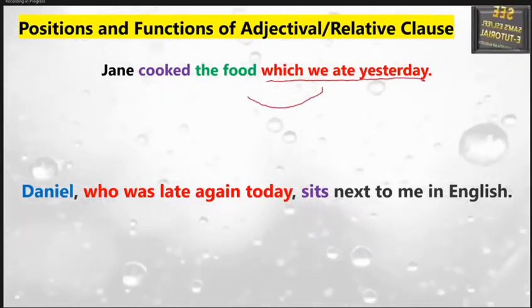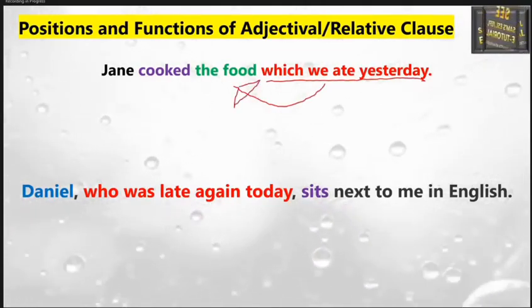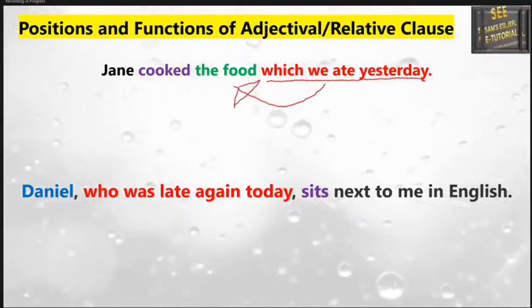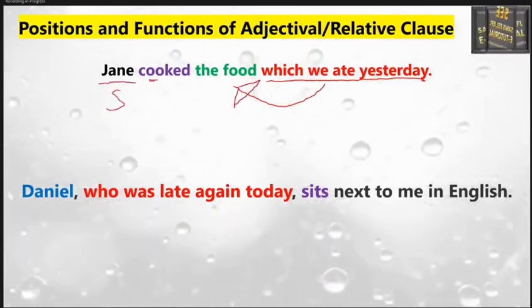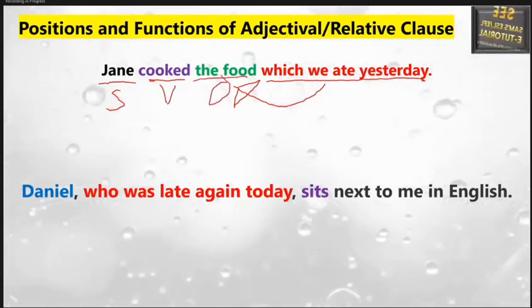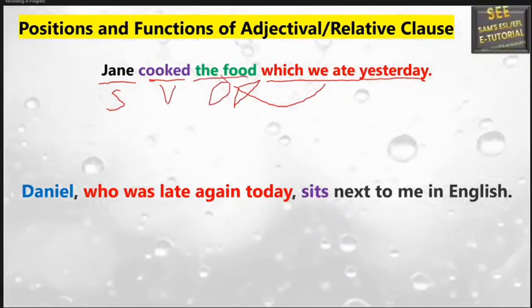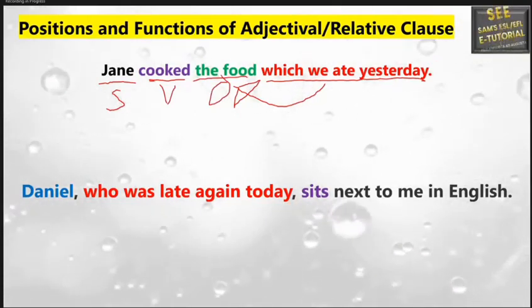Please take note. Once it takes this position, it modifies an object. So from what you have here, you have the subject, you have the verb, and of course the object. When it occurs at the final position of a sentence, it modifies the object or a complement.